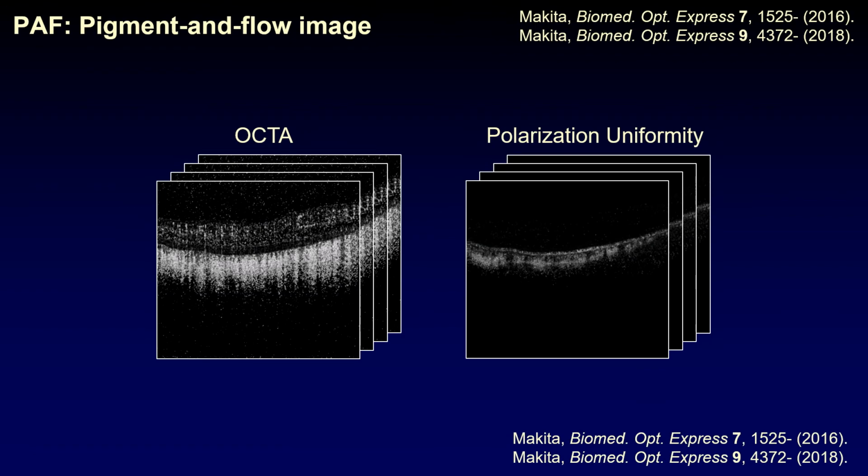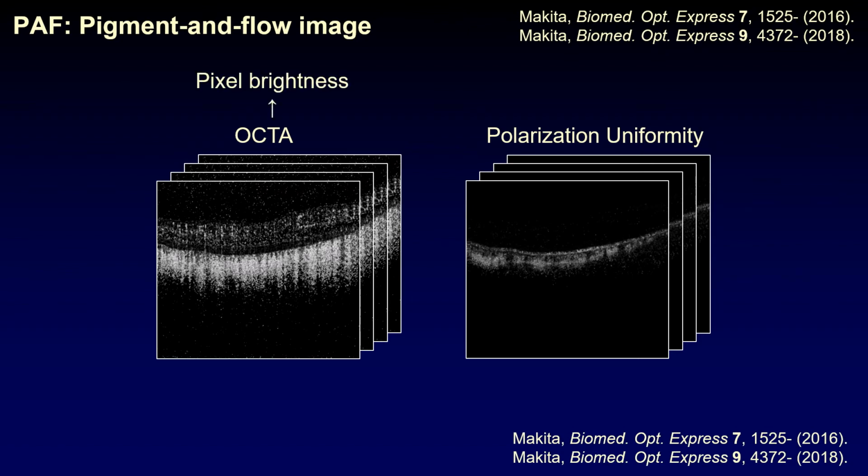Pigment and flow image is an en-face image which is simultaneously sensitive to the abnormalities of blood vessels and also the retinal pigment epithelium. To create the pigment and flow image, we are going to use two types of OCT volumes. One is OCTA and the other is the polarization uniformity.